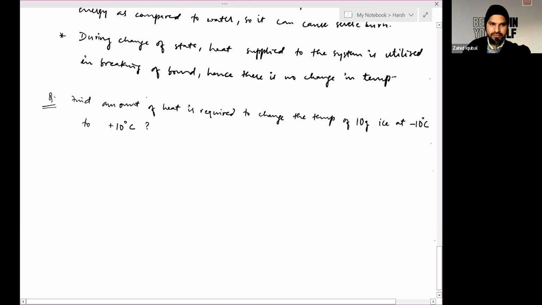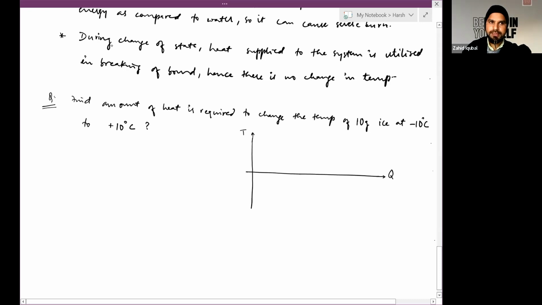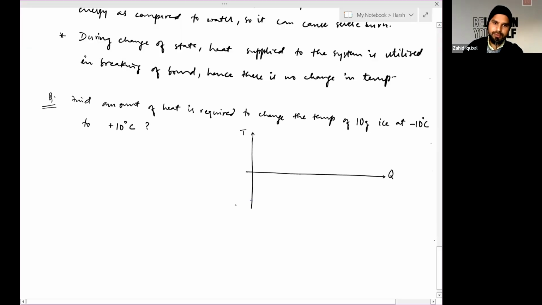So for any such question, first try to draw a graph for its variation, temperature versus heat. Let's say this is T versus Q. Ice initially is at minus 10 degrees Celsius, so it will be at this point. If you supply heat to this, its temperature will rise to reach this point.